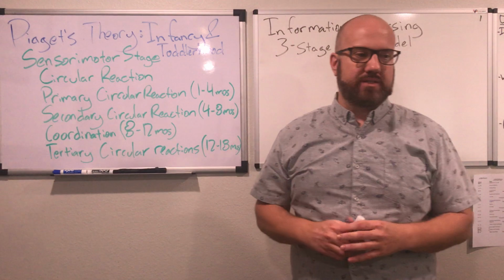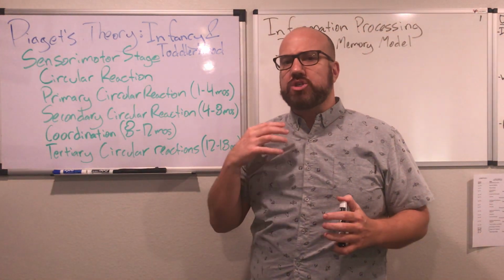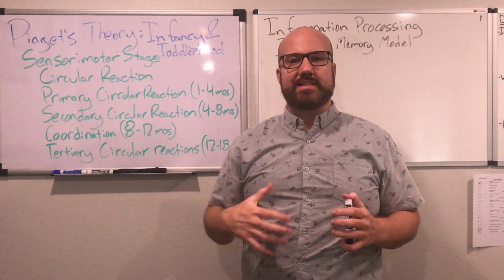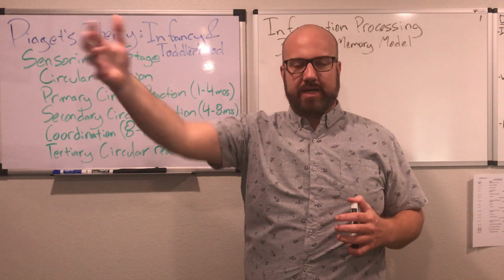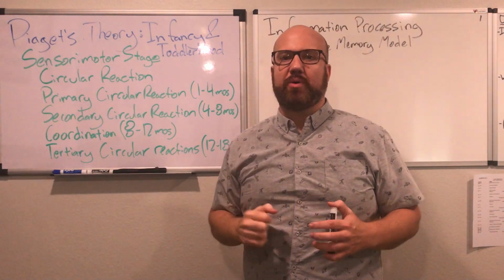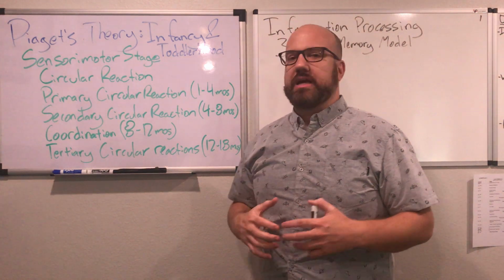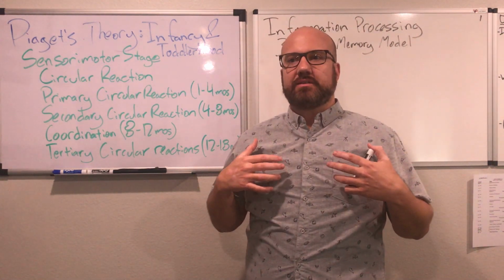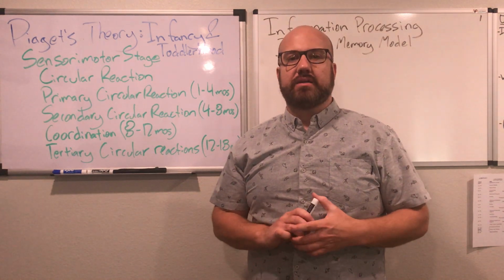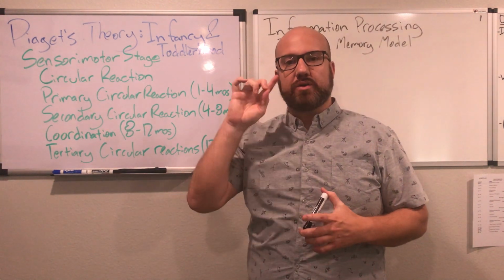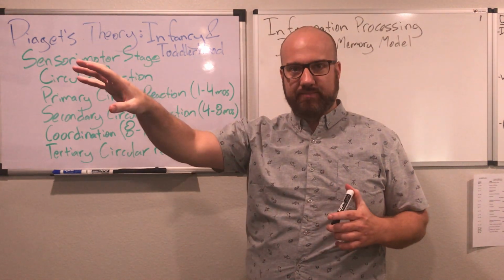Object permanence is the notion that when a child doesn't see something, they think it doesn't exist. You can watch the video in the PowerPoint to gain a better understanding. When the child overcomes this, they are able to understand that things exist when they are no longer in sight.